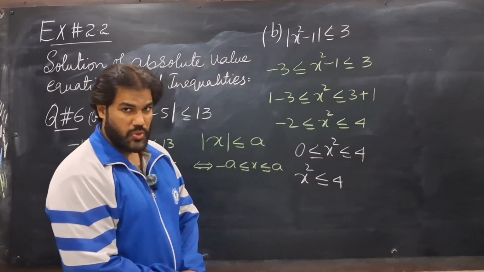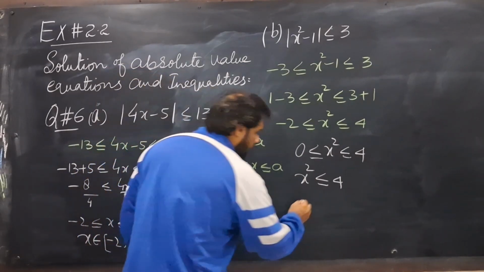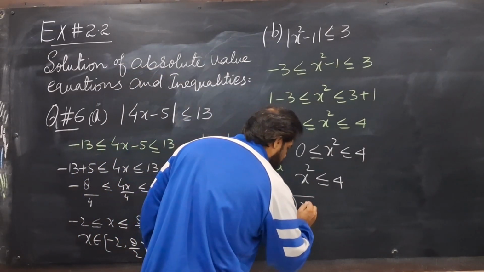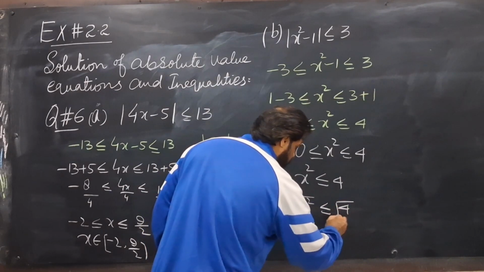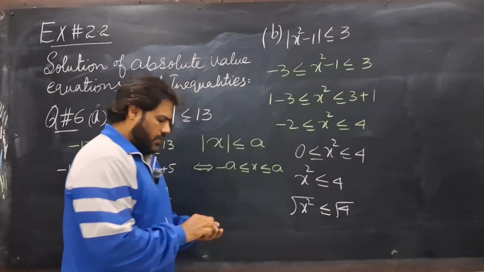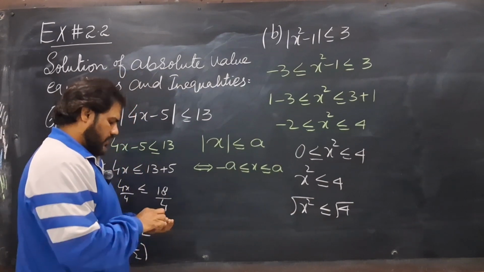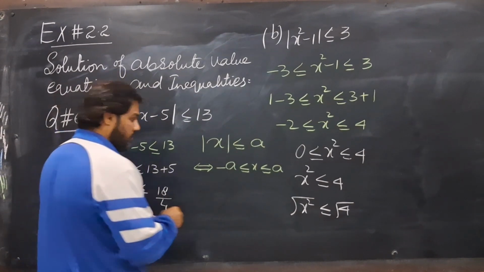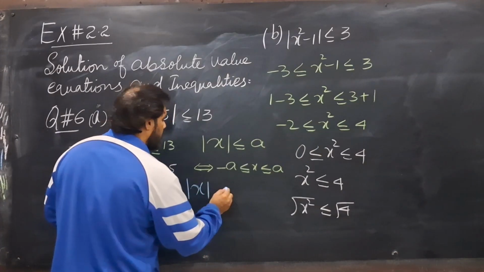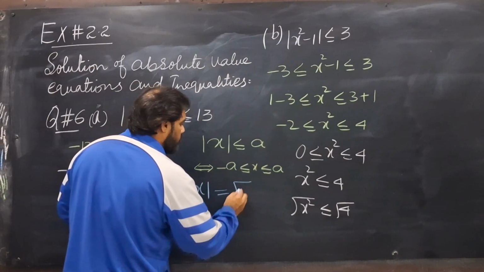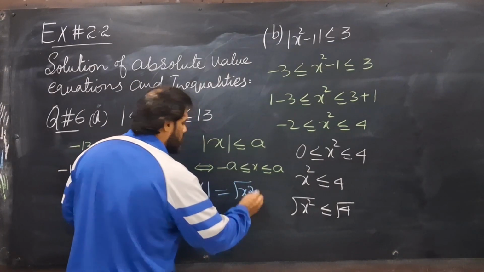Taking square root on both sides, this gives square root of x square less than or equal to square root of 4. In our last lecture, we discussed that the absolute value of x is actually equal to square root of x square.